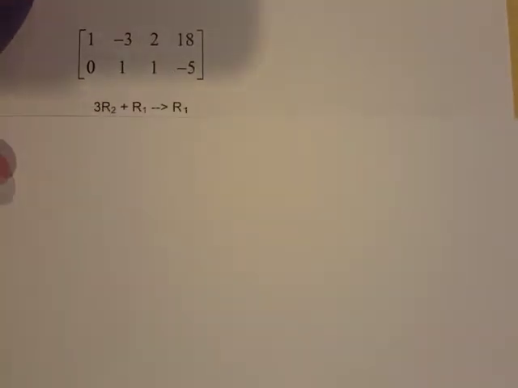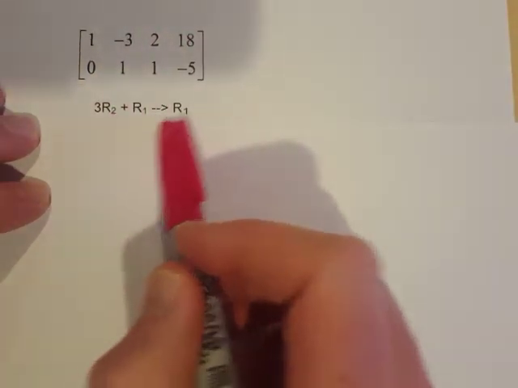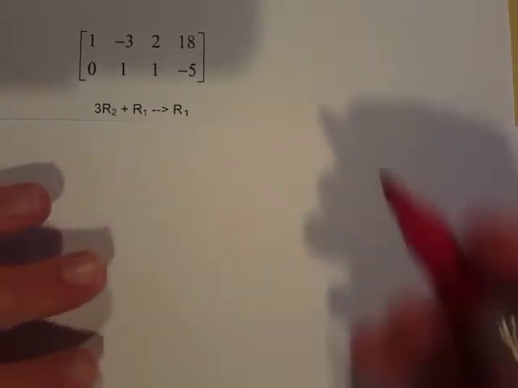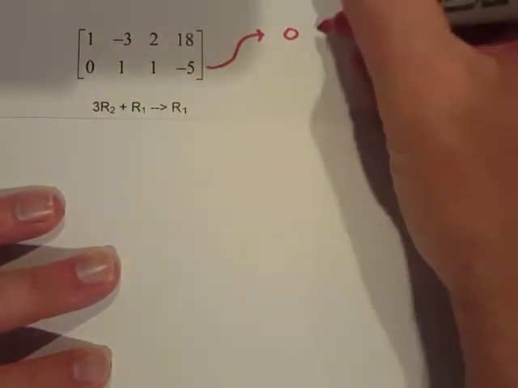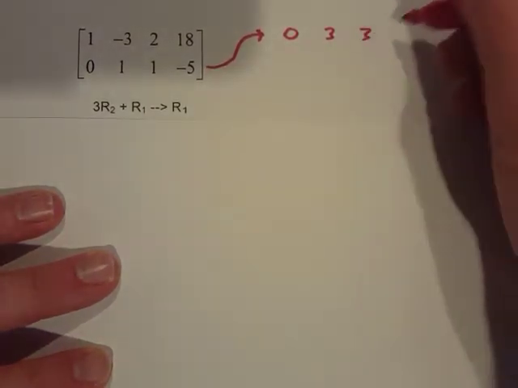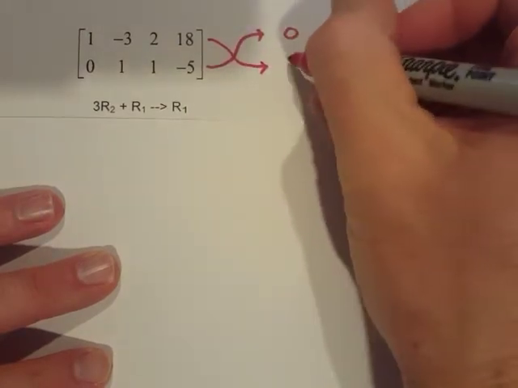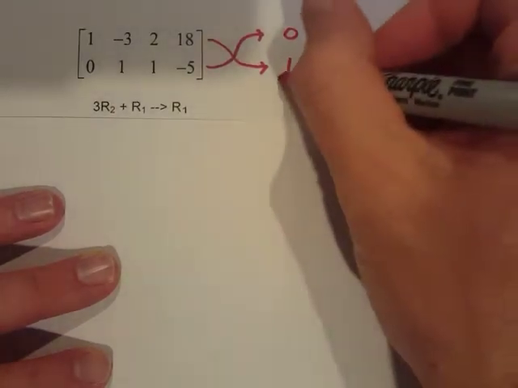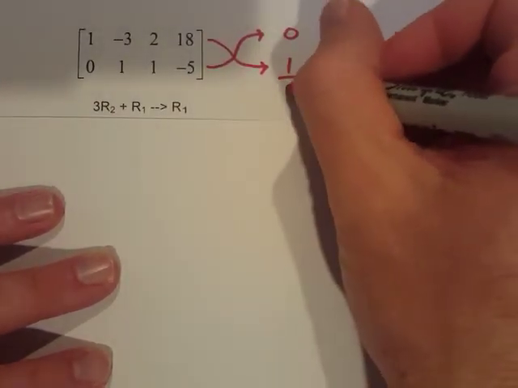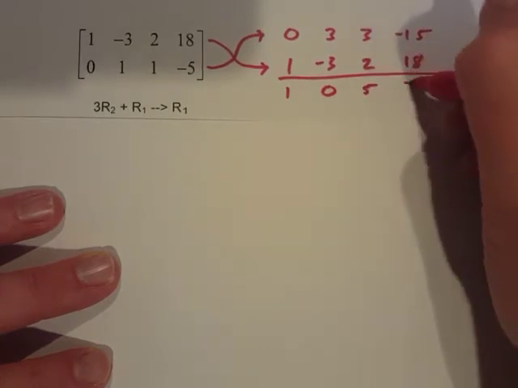we're going to do 3 times row 2 plus row 1 is the new row 1. All right, so that means 0, 3, 3, -15, plus 1, -3, 2 and 18, which will give us 1, 0, 5, and 3.